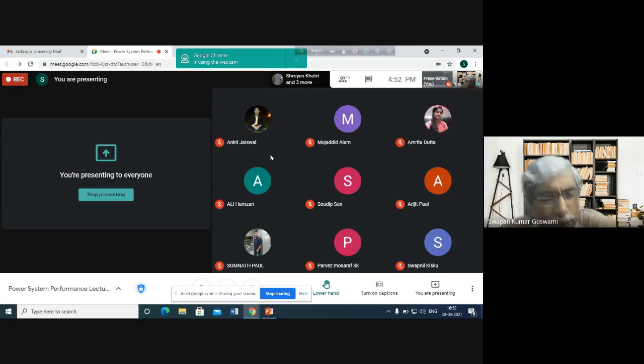The main purpose is that inside there is, it is called ACSR, aluminum conductors, steel reinforced. Inside there is the steel conductor, outside the steel conductor there are aluminum conductors. These conductors are so arranged because steel will increase the tensile strength, aluminum will increase the conductivity.